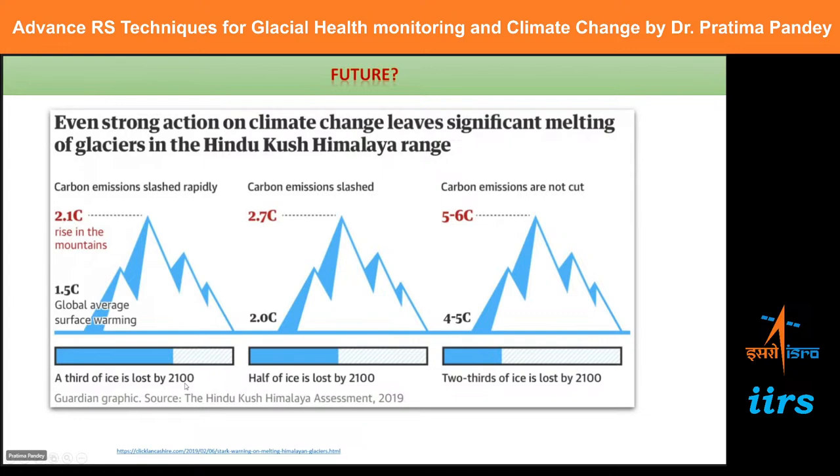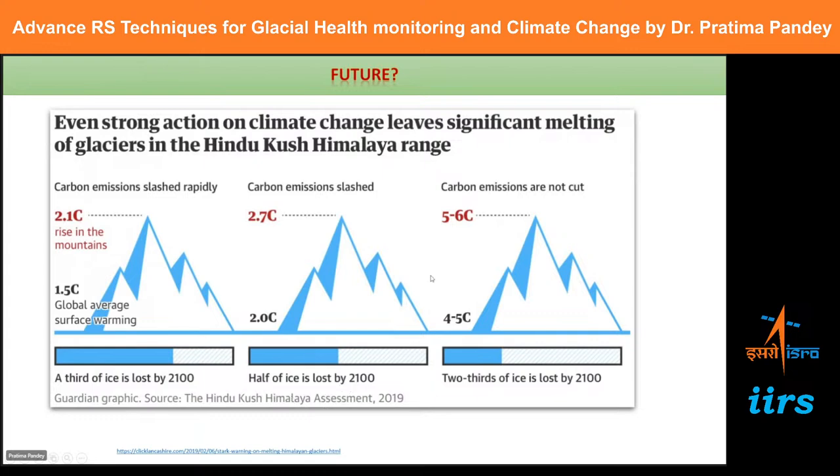In the intermediate scenario, if the carbon emission is cut only on a regular basis, then the rise in the Himalaya will be 2.7 degrees against the 2 degree centigrade rise globally, and we will lose half of the ice by the year 2100.